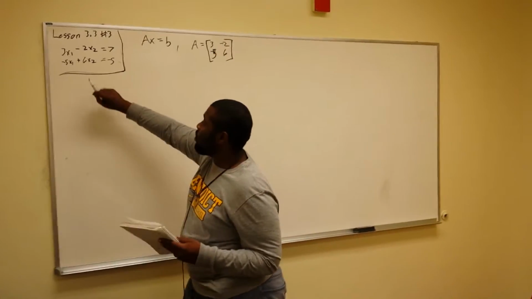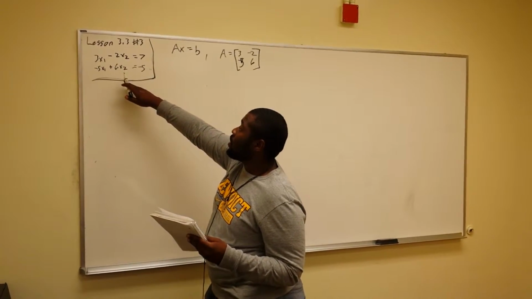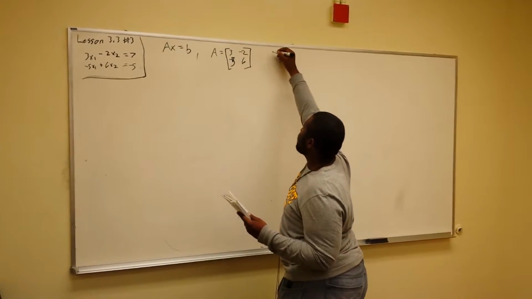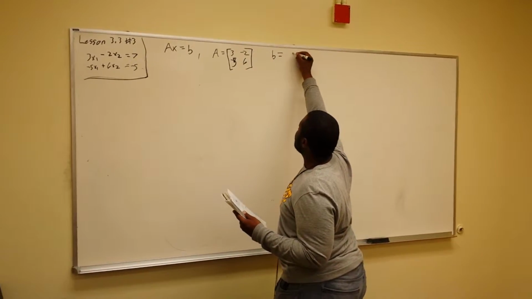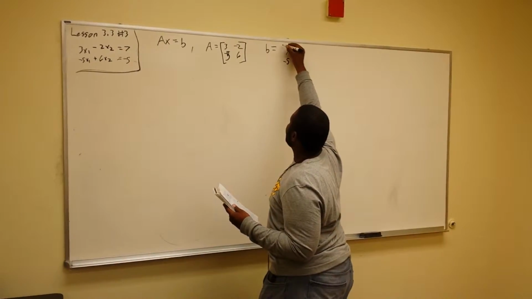We get this from everything to the left of the equal sign in our equation, and B is going to come from the right side of the equal sign. So B equals the matrix 7, negative 5.